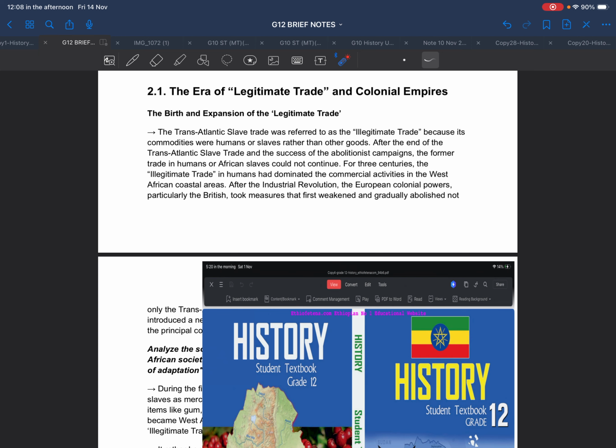Here it says the transatlantic slave trade was referred to as illegitimate trade, unlawful, illegal trade, because its commodities were humans or slaves rather than other goods. Slaves were the commodities, humans considered as commodities, and some historians call them speaking tools.